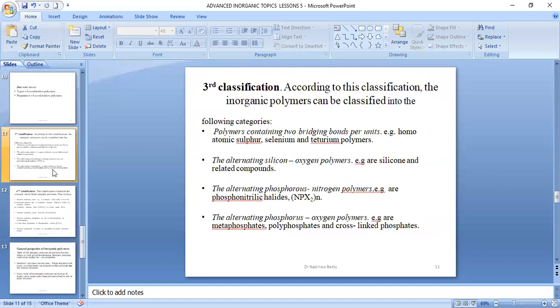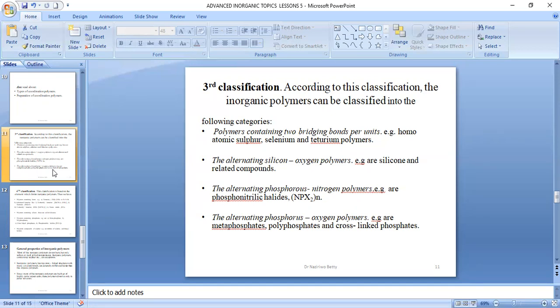The third classification is according to the structure of the inorganic polymer. According to this classification, the inorganic polymers can be classified into the following categories. The first category is the polymer containing two bridging bonds per unit. Those ones are homoatomic, examples, homoatomic sulfur and others.